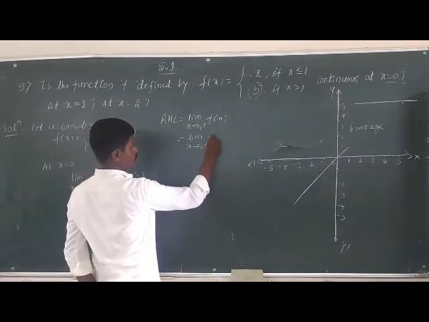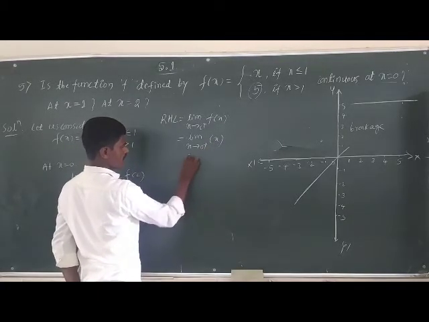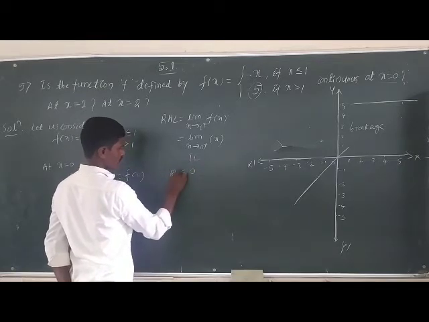Here the function is the same, x, so by taking the limit that is also 0. This is the RHL.